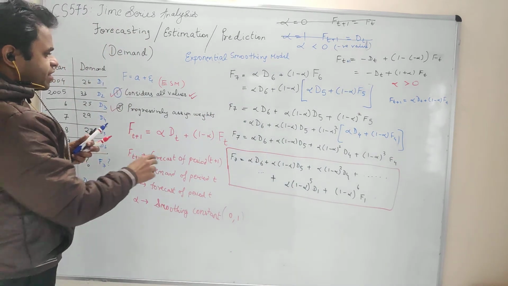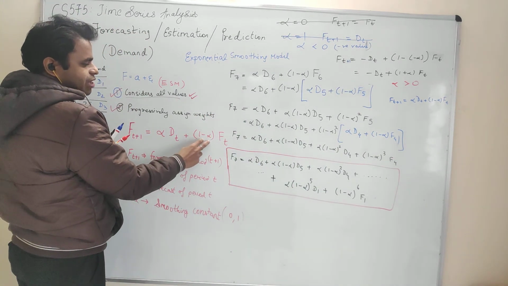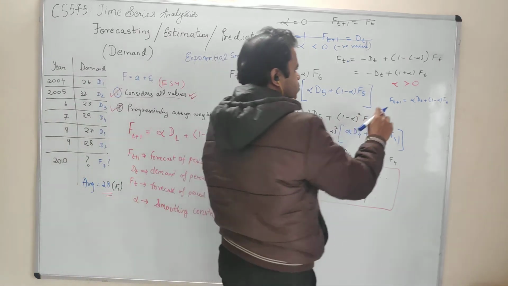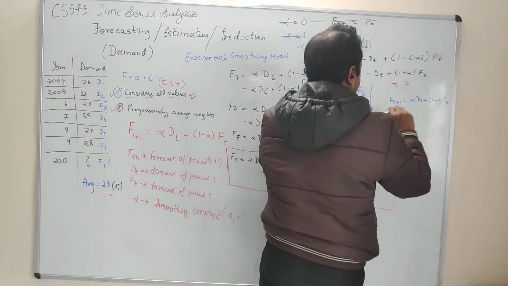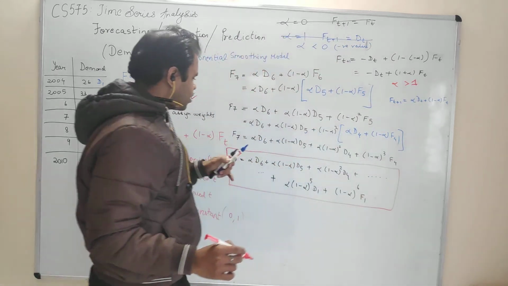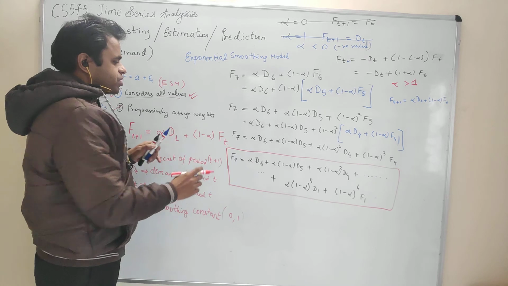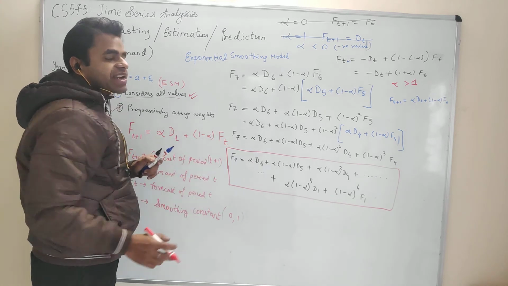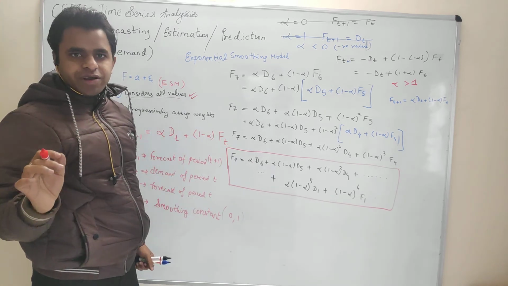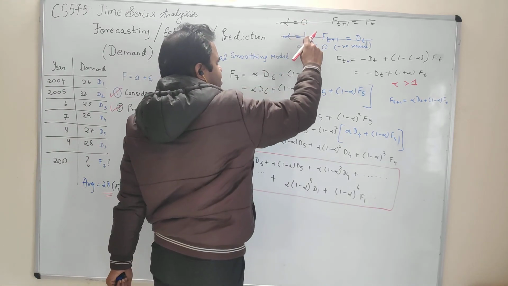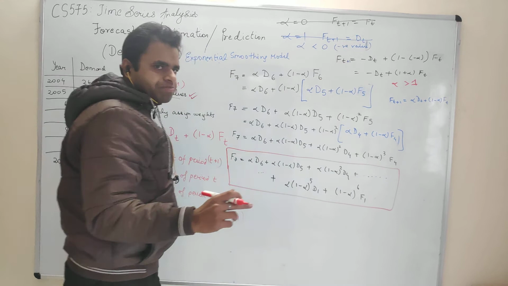So if alpha is greater than 1, 1 minus anything which is greater than 1 is a negative value. So then this factor will contribute negatively, which we do not want. So now you saw why we cannot keep alpha as 0, 1, less than 0 or greater than 1.